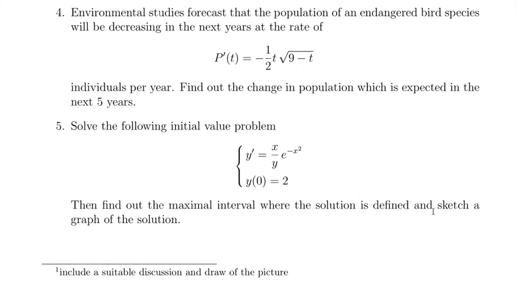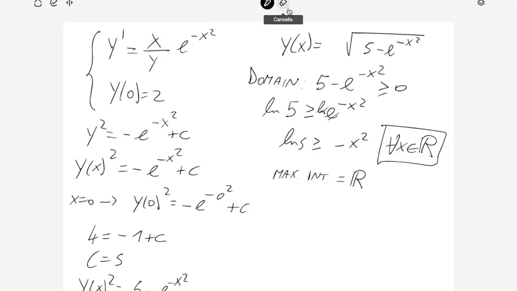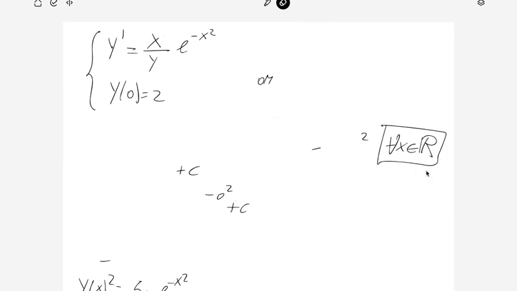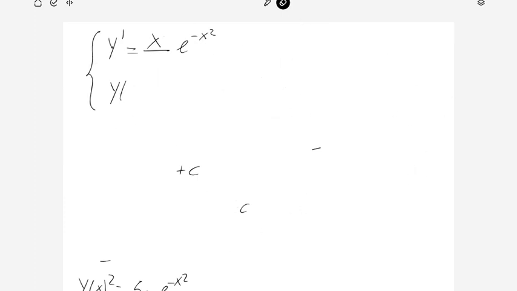Then we have to sketch a graph of the solution. In order to conclude, the solution is the square root of 5 minus e to minus x squared.